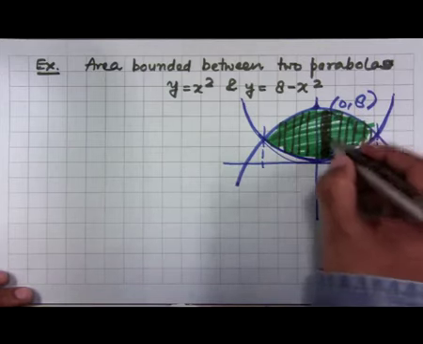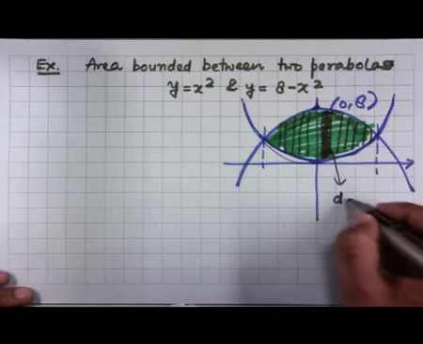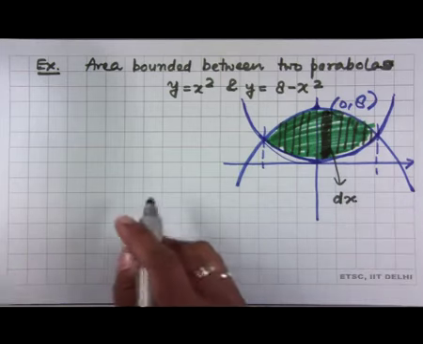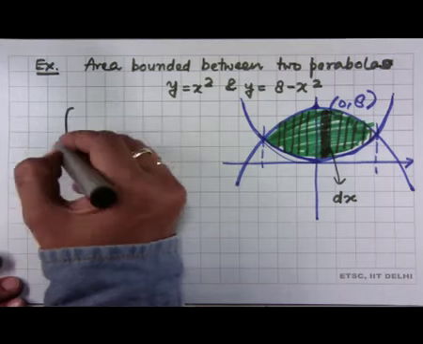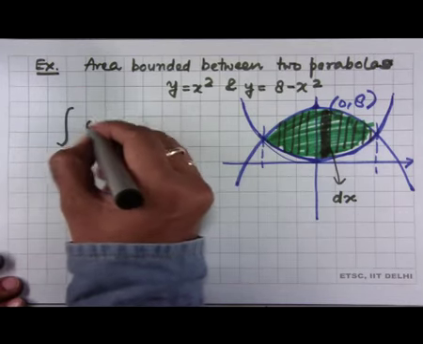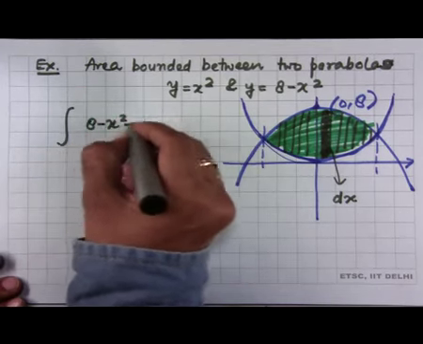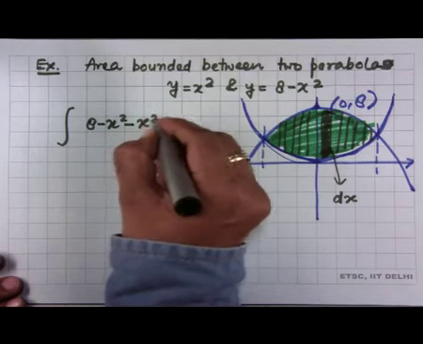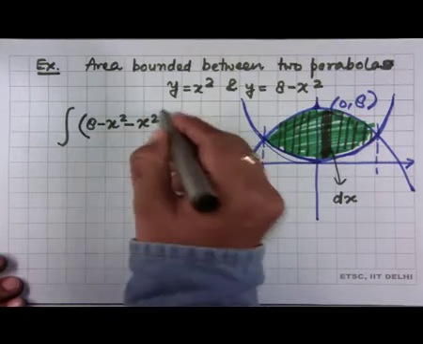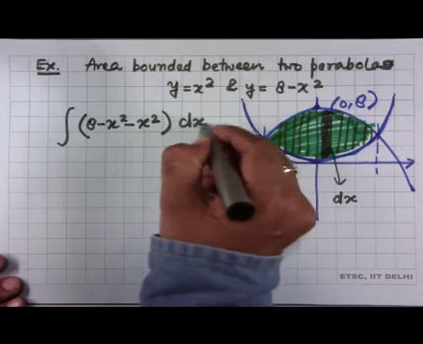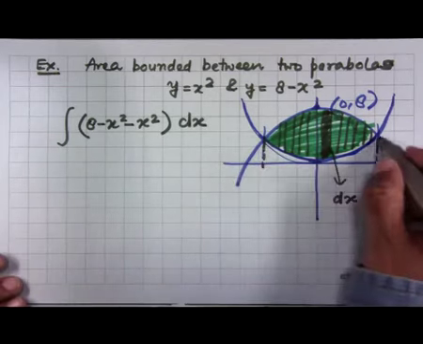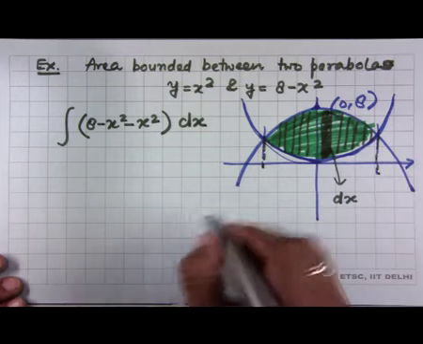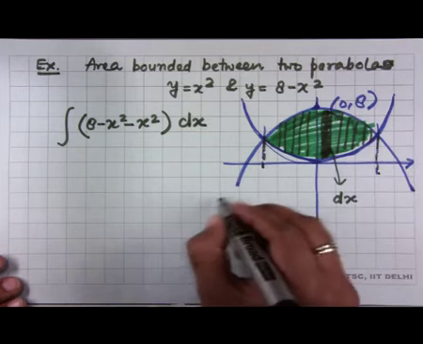If one such strip has width dx, the elementary area will be 8 minus x square minus x square, dx. We need to find out these two values. So, for that we need to solve both the equations.